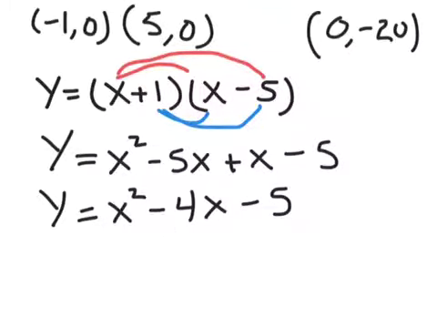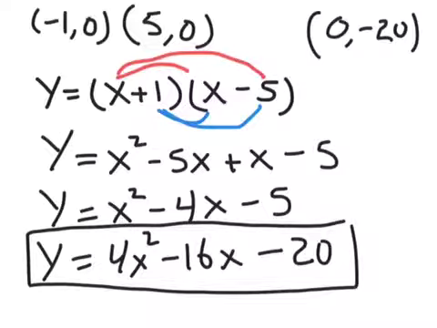That might be good. So let's see, what would that look like? y equals 4x squared minus 16x minus 20. There we go. That's the answer. That's the equation for that graph. Now I'm going to go to the next slide and show you what a picture of this graph looks like.